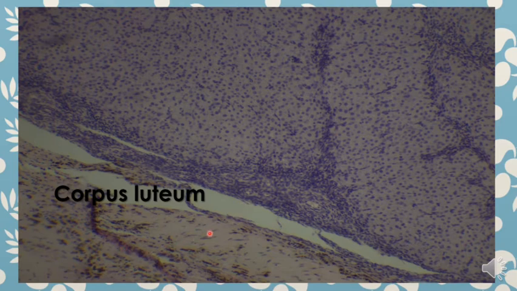The corpus luteum is surrounded by a dense connective tissue containing blood vessels, venules, arterioles, capillaries.